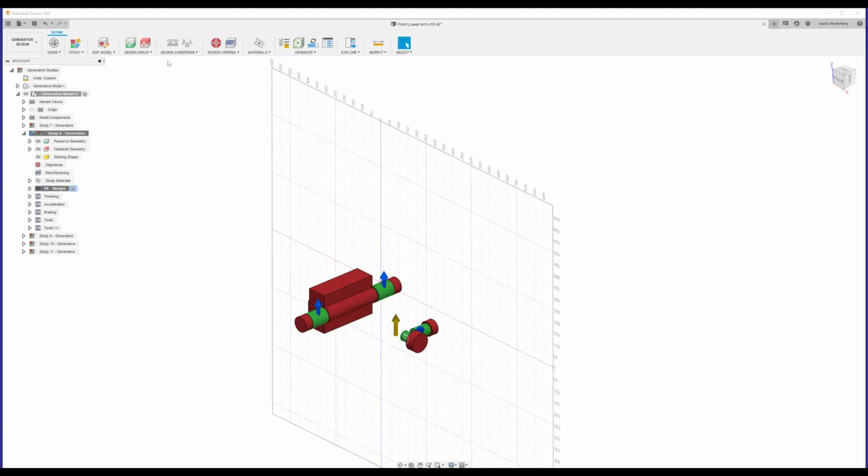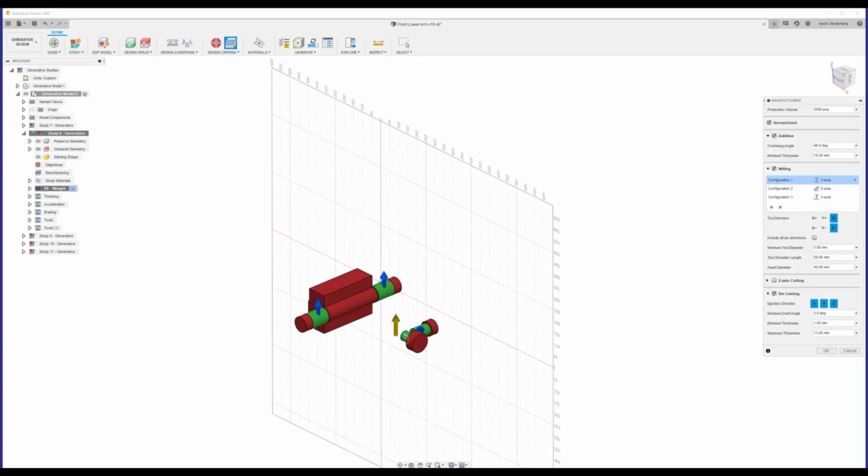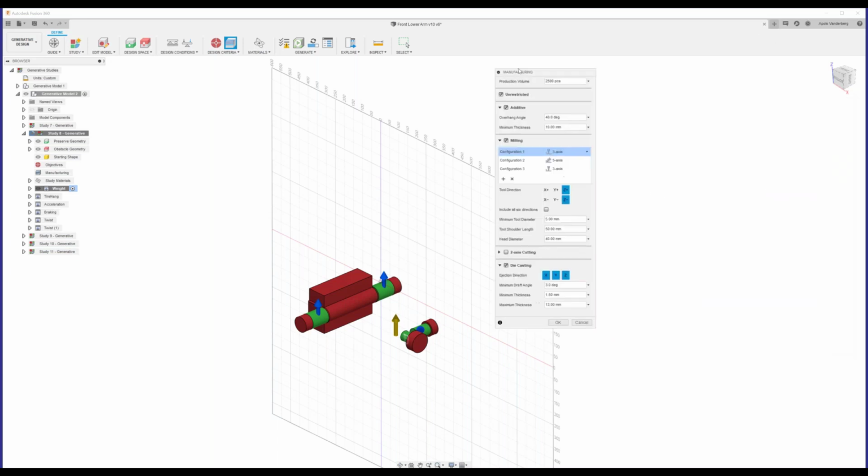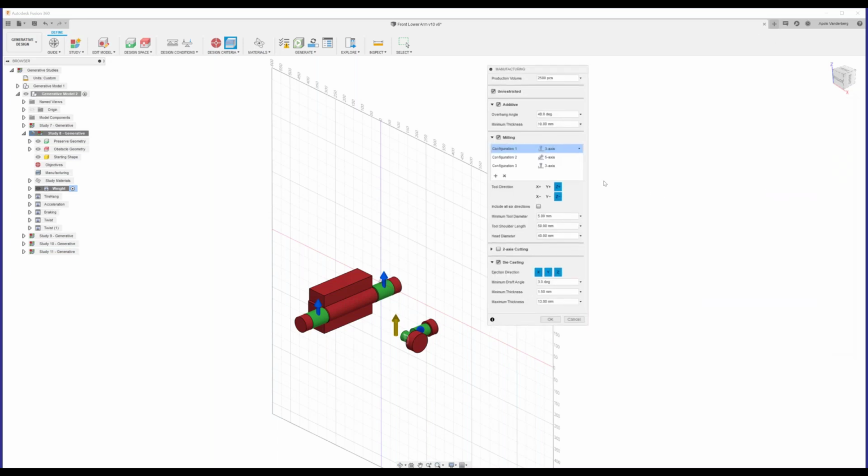So yeah, right at the top, under manufacturing, we have a number of different manufacturing options. We actually now as well have 2-axis cutting, if you're looking at maybe some sheet.